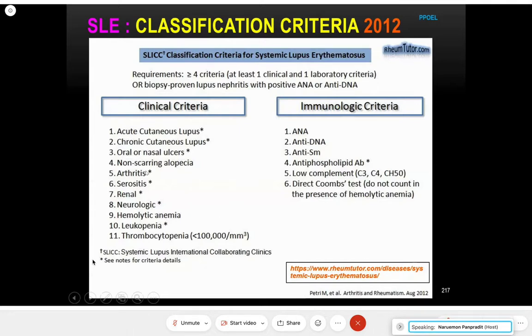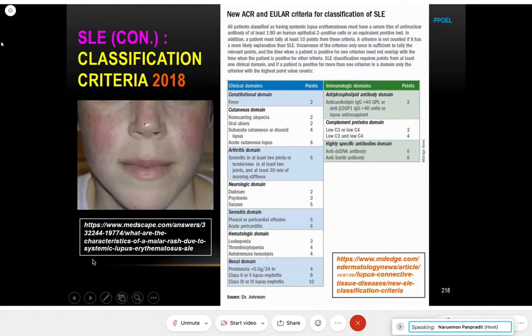To diagnose, the patient needs a positive lab on one side and the lesions on the other side, but they have to pass together at least 4 positive criteria to be called SLE. But nowadays it is the 2018 criteria. There's another new classification. I don't know whether they will change it again in the future.